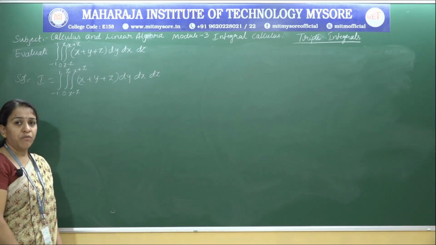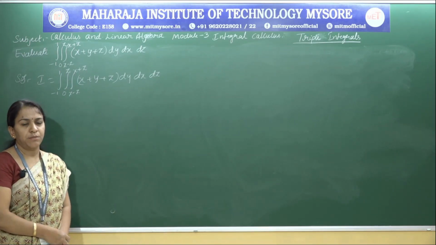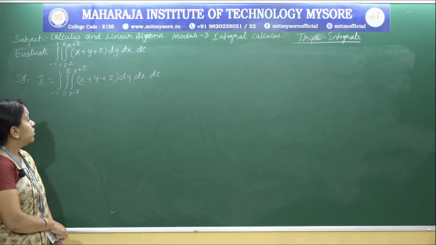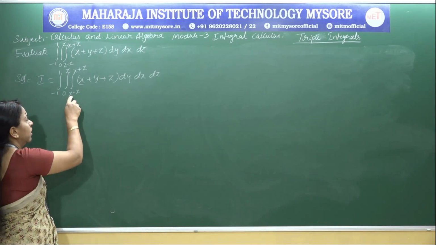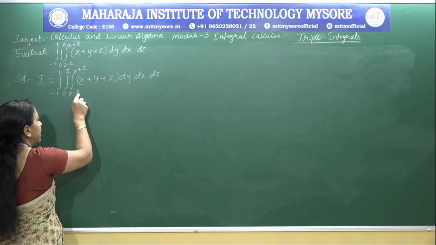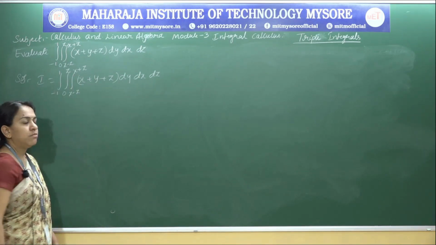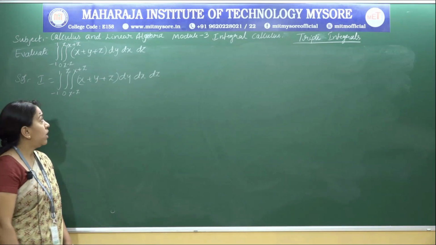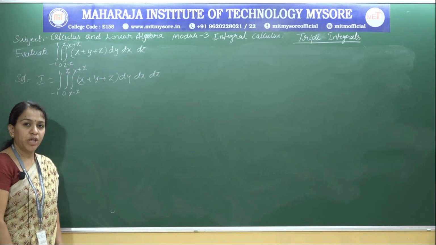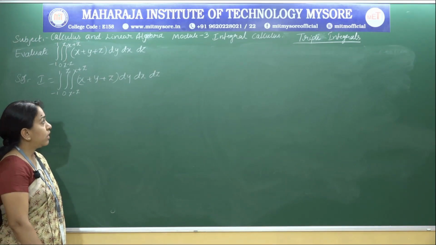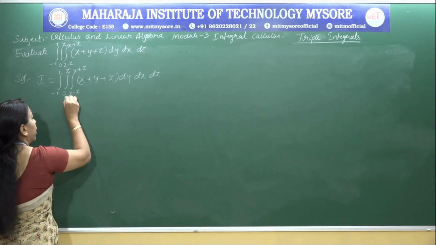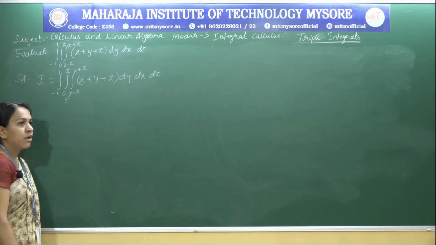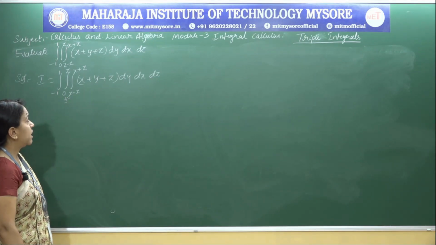Now what is the limit of y and limit of x and limit of z? In the inner integral limits we have x minus z to x plus z. That means x and z variables are in the limit place. Therefore, as I told you in the last problem, that should be the limit of y. So y varies from x minus z to x plus z.